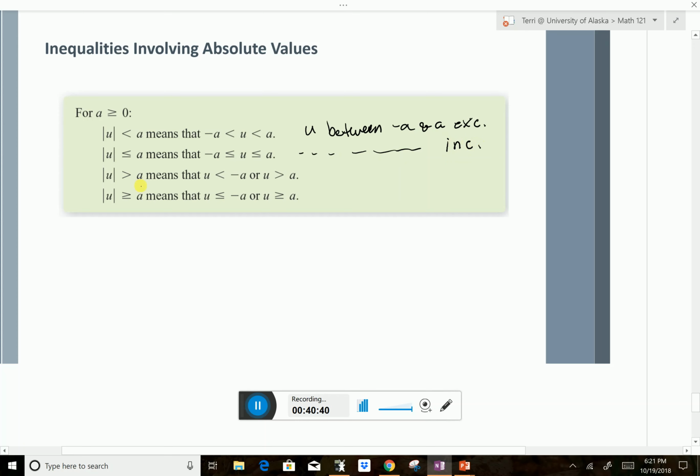But if it's greater than, so I want you guys to really think about this. Absolute value is really a distance.